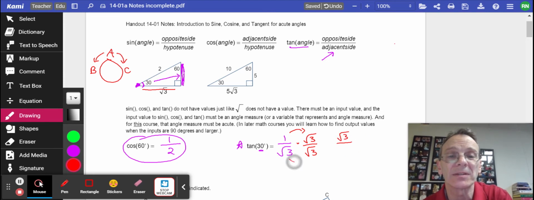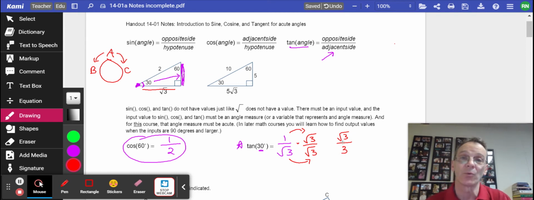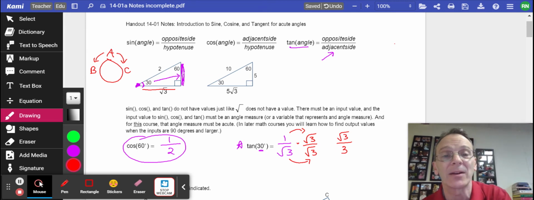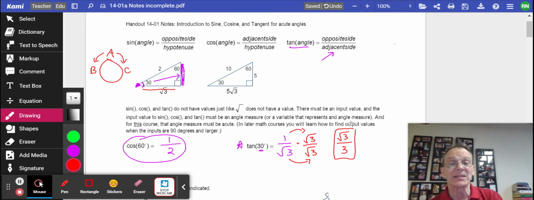And the square root of 3 times the square root of 3 is the whole number 3. I mean, it would be the square root of 9, but that's the whole number 3. And we want it to be a whole number, not a square root number. That's the whole purpose of doing this, is to get rid of the square root in the denominator. So this is the exact value in simplified radical form.